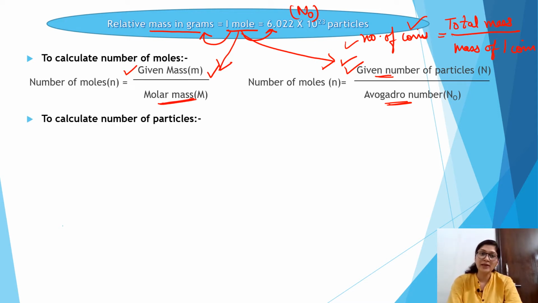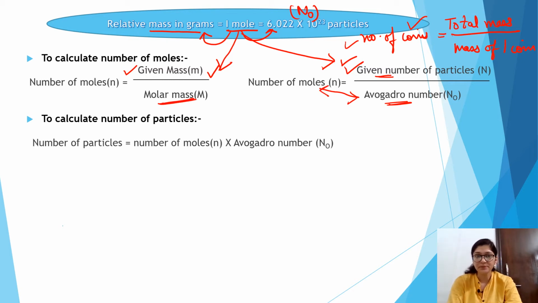Second, to calculate the number of particles. If you want to calculate the number of particles, then the simple way is to just cross multiply these two, right? So number of particles can be calculated as number of moles multiplied by Avogadro number. Just cross multiply, then you get the number of particles. How do you calculate number of particles? Number of moles multiplied by Avogadro number.